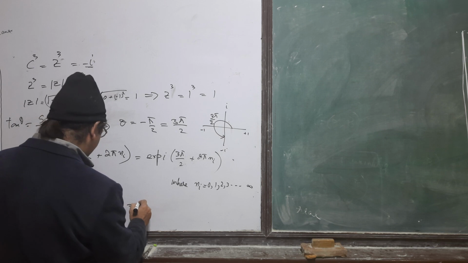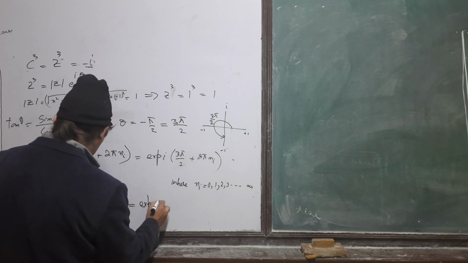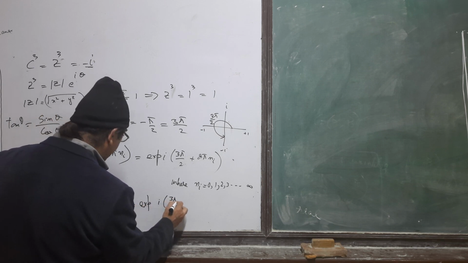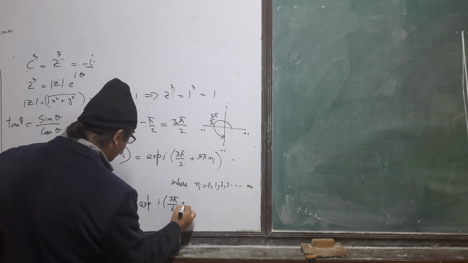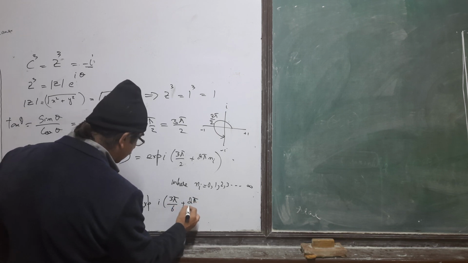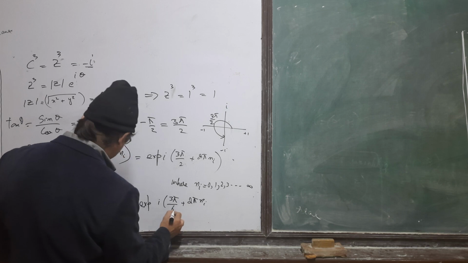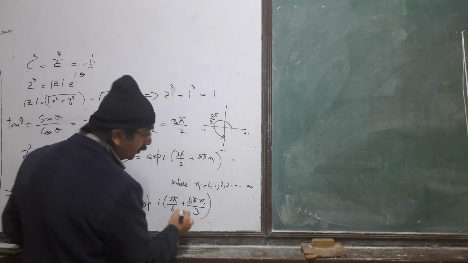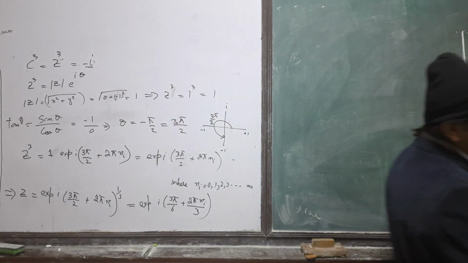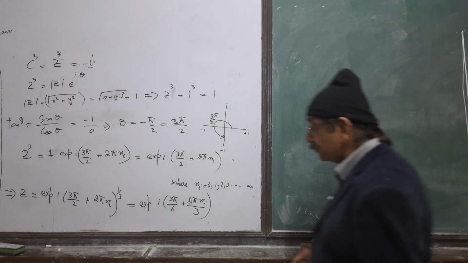According to De Moivre's theorem, that will be exponential of i(3 pi by 6 plus 2 pi n) over 3.